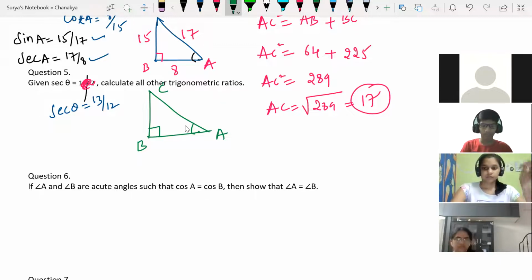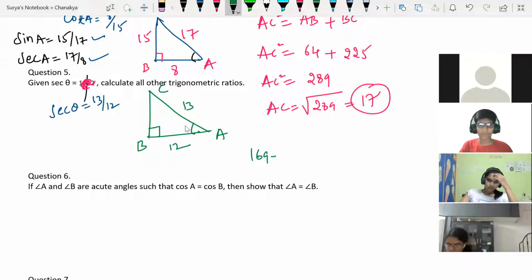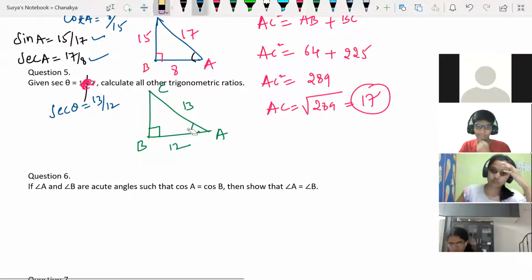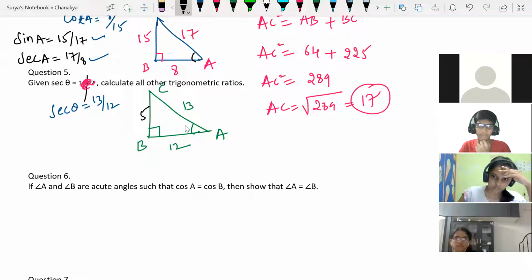Secant theta means hypotenuse by adjacent. So 169 minus 144 gives 25, so the opposite side is going to be 5, isn't it? Yes, sir. So I got 5. Now let us find out. Here is the theta. So let me write: what is sin theta? 5 by 13.